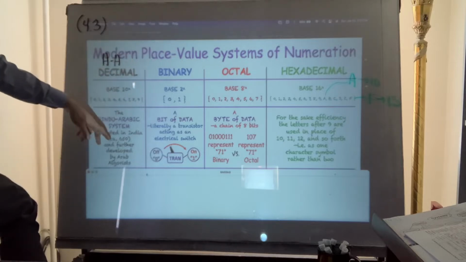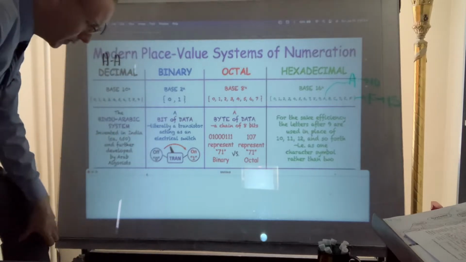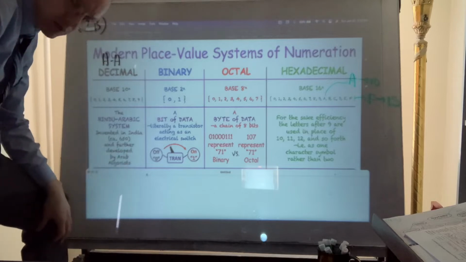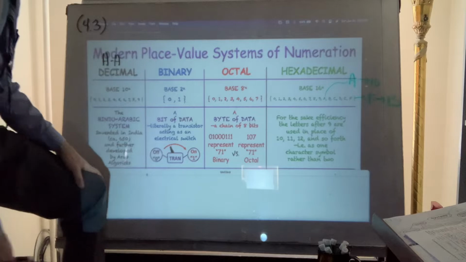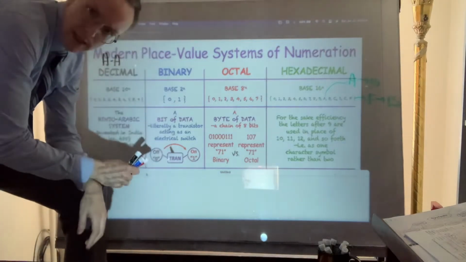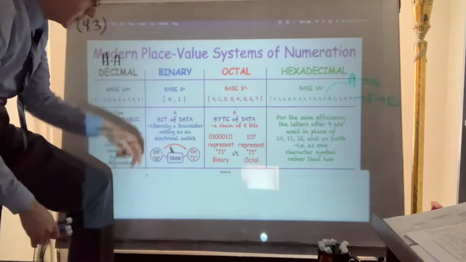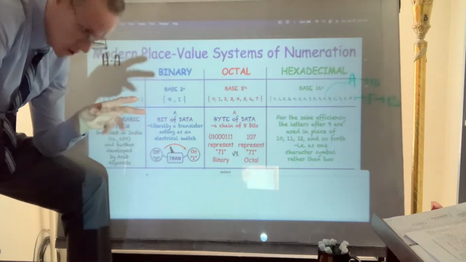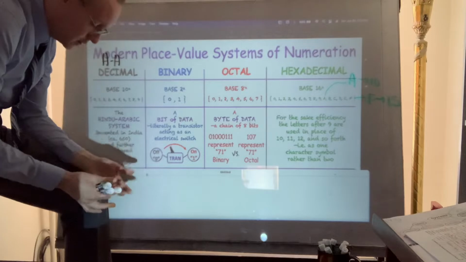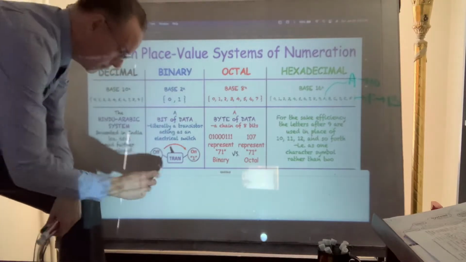otherwise known as AD, and further developed by the Arab algorists, which is what the term algebra is derived from. Binary is used in computer science because, again, these represent two different conditions of a physical thing. I'm not going to do it any justice, but transistors come in many shapes.